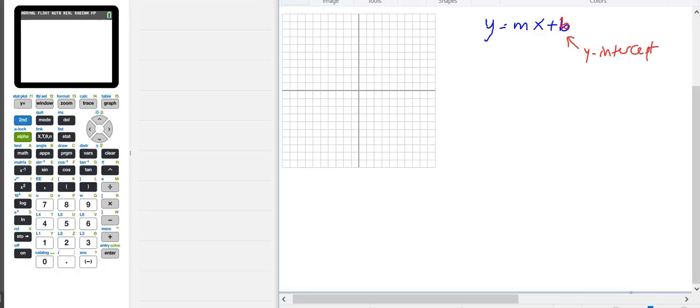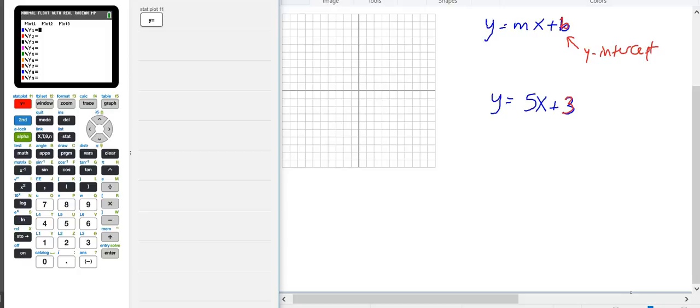Let's say we have the equation y is equal to 5x plus 3. Let's graph it on the calculator and see if that graph actually crosses the y-axis at 3. We'll go into y equals, and we'll type in y1, 5x plus 3. And graph.